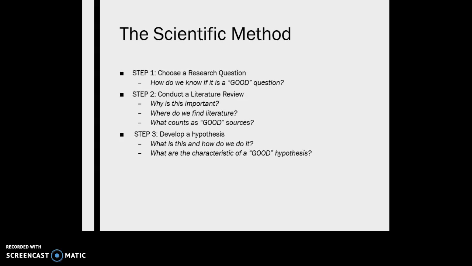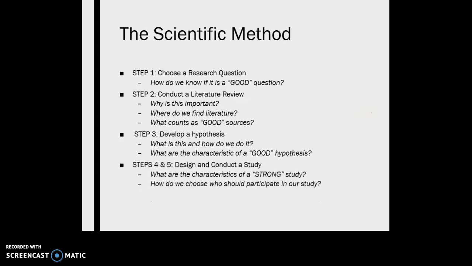I'm making a prediction that having a particular trait will predict high levels of drinking, and I even am suggesting the direction of that effect. So that's what a hypothesis is. We'll talk more in our lectures coming up about how we turn a research question into a hypothesis, as well as what the characteristics of a good hypothesis are.